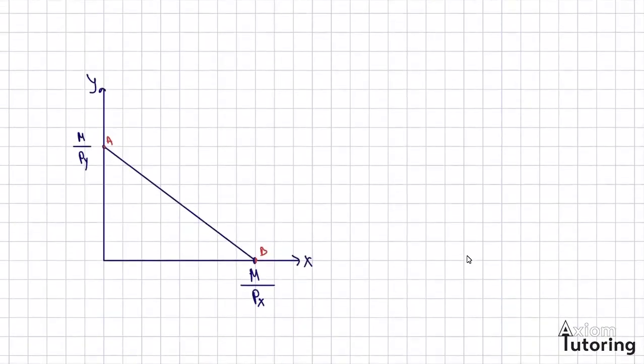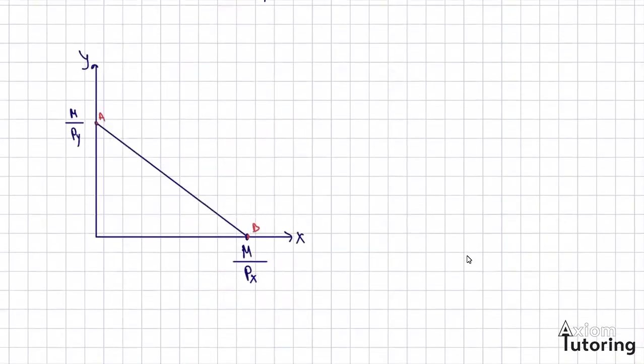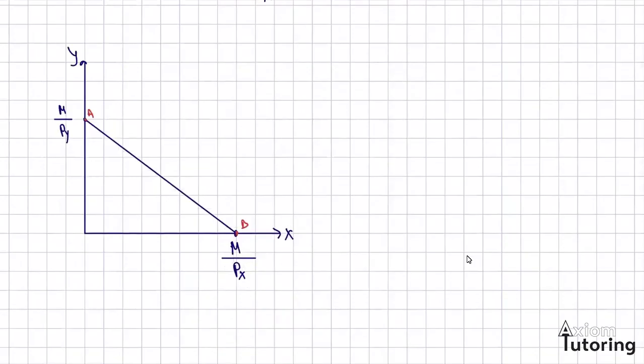And because more is better, the further I go this way, the more utility that I get. So how could I visualize this in different curves? Well, they could take multiple shapes, and in the following videos, I'm going to look at different classical shapes. It could be that indifference curves or level sets are linear. Maybe they are like this.